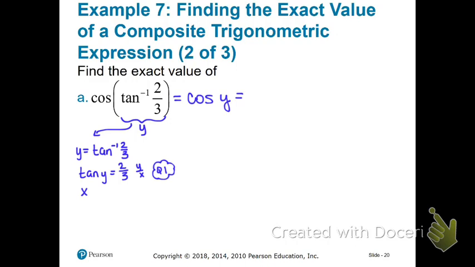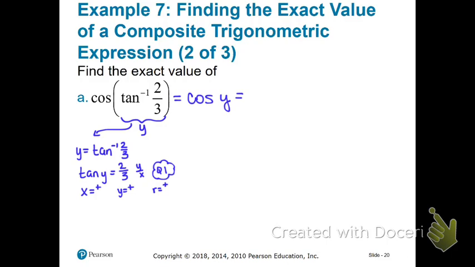All right, so we know that x is 3. Well, first, I need to ask you, in quadrant 1, is x positive or negative? Positive. And what about y? Positive. And what about r? Positive. R is always positive, the radius.